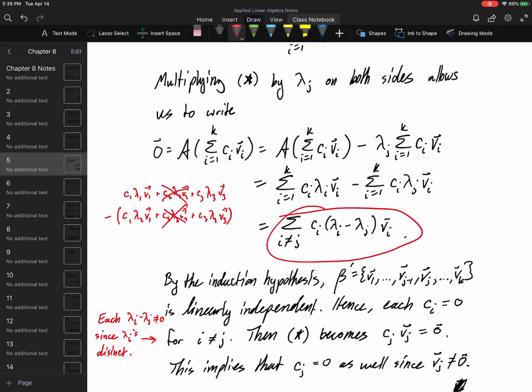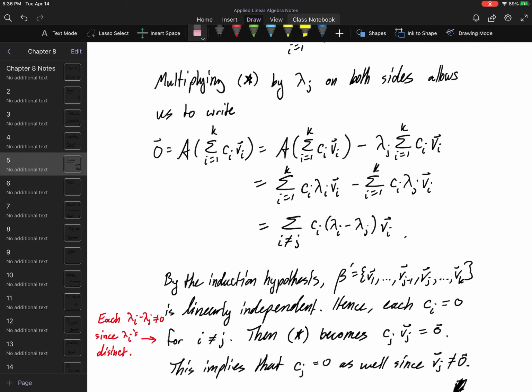So I wind up with the following sum where I'm just omitting what happens on that middle term, that j equals 2 term. Hence why I have this notation saying that I get this difference between lambda j and lambda i on this particular vector.